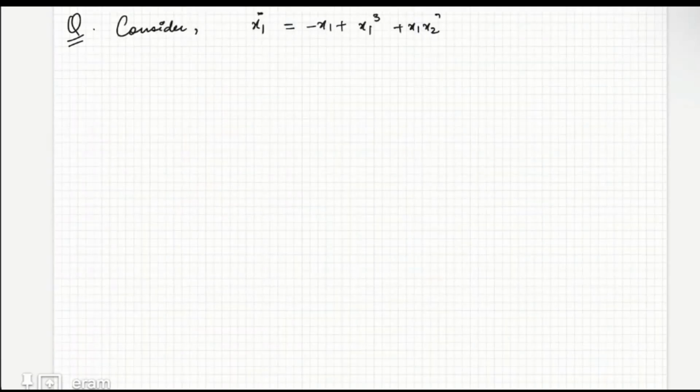So consider x1 dot equals minus x1 plus x1 cube plus x1 x2 whole square, and we have x2 dot as minus x2 plus x2 whole cube plus x1 square x2.